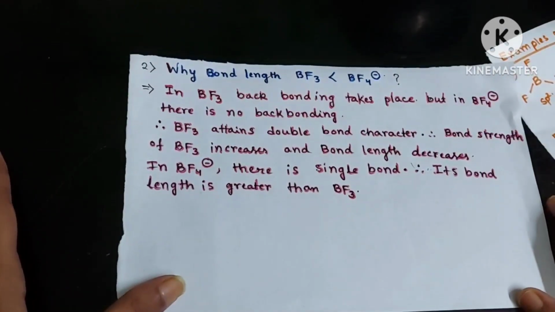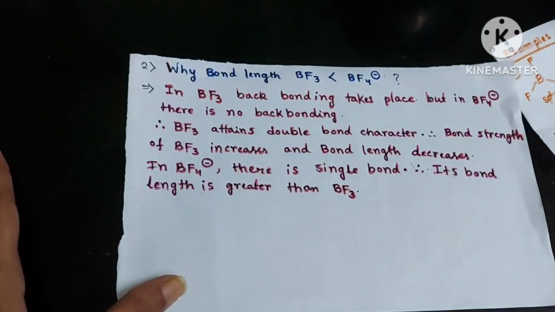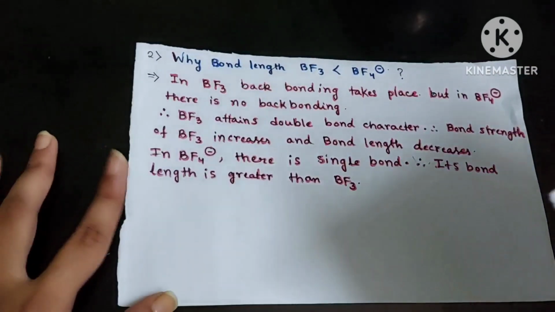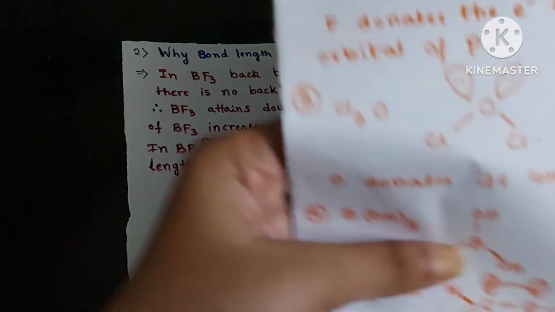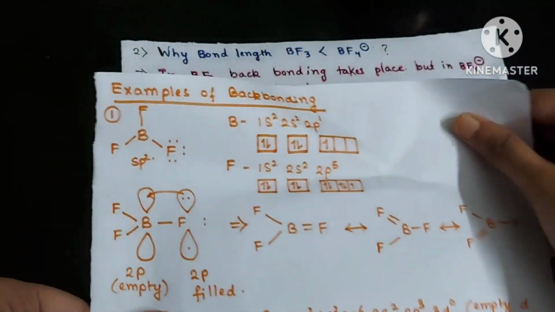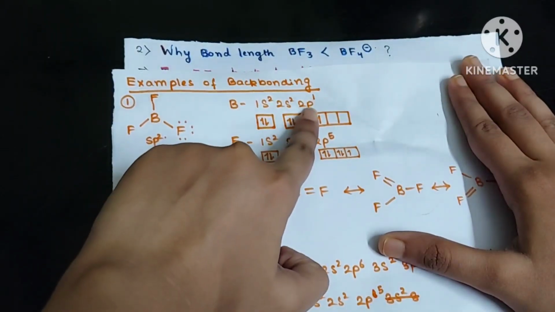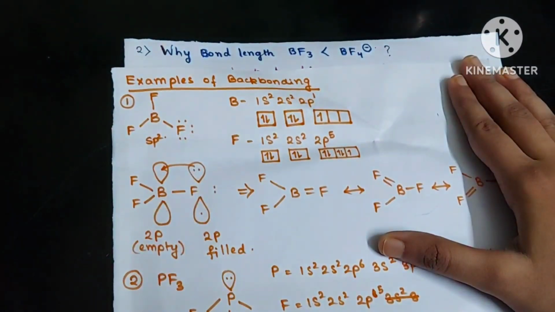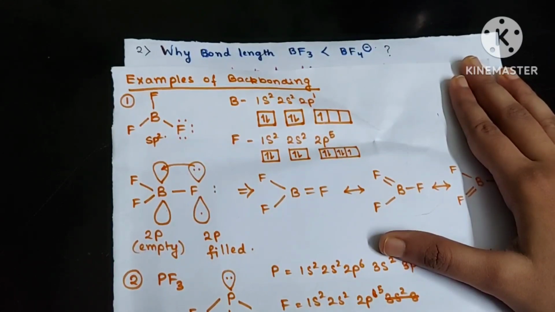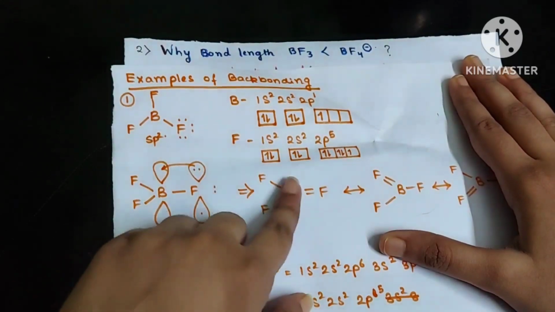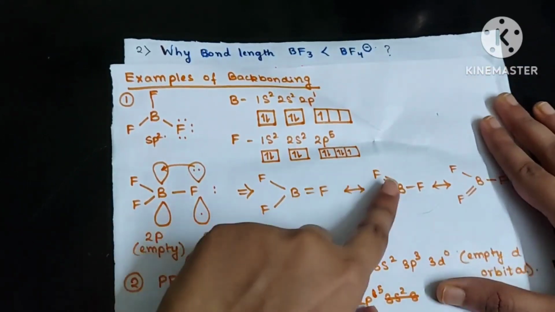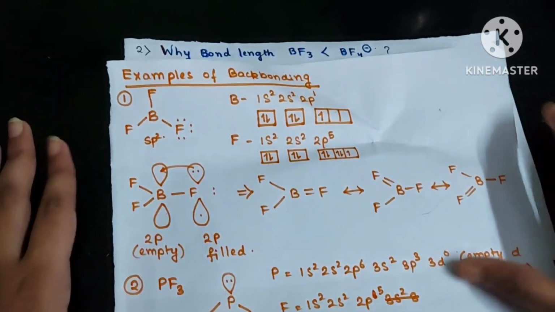In BF3 the bond attains double bond character. See here, I am showing the previous example that I have shown. BF3 undergoes back bonding and therefore a double bond is coming.